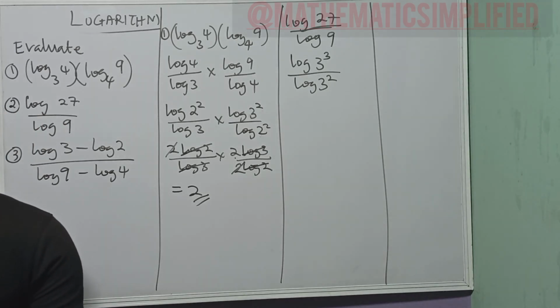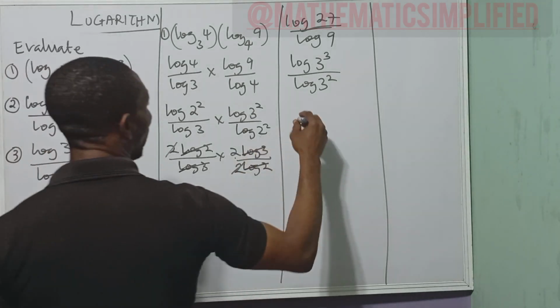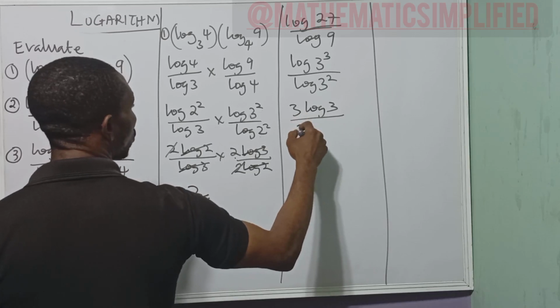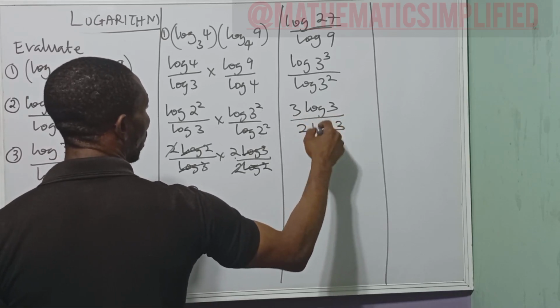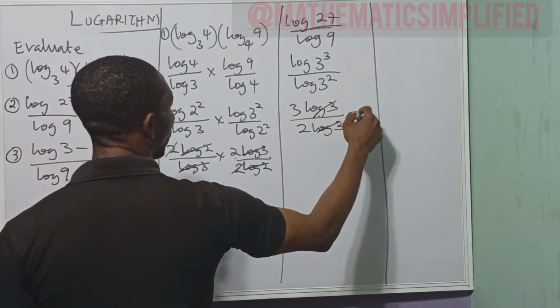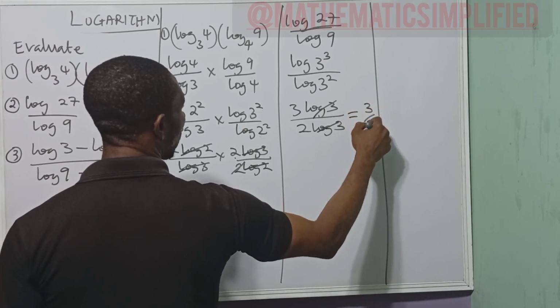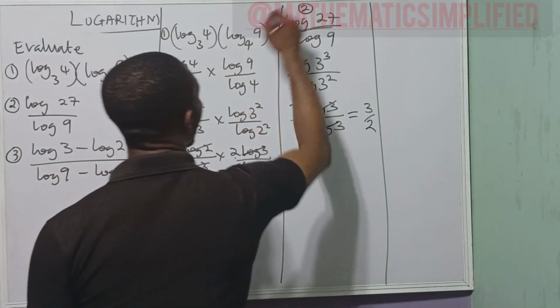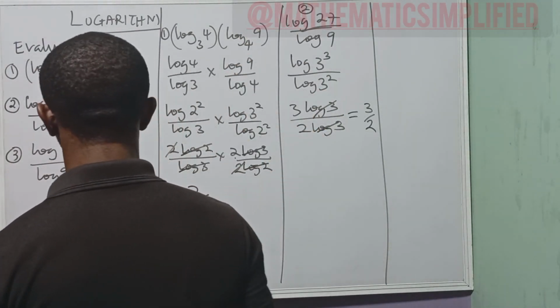So we'll have 3 log 3 over 2 log 3. Cancel, leaving us with 3 over 2 as our answer. That's for question 2.